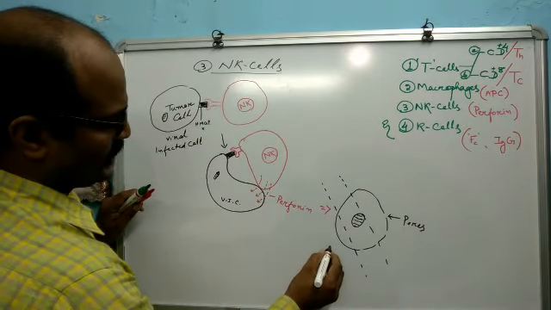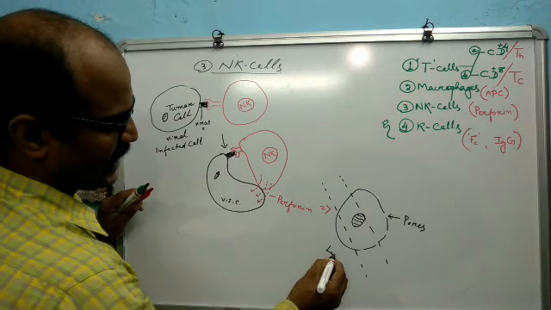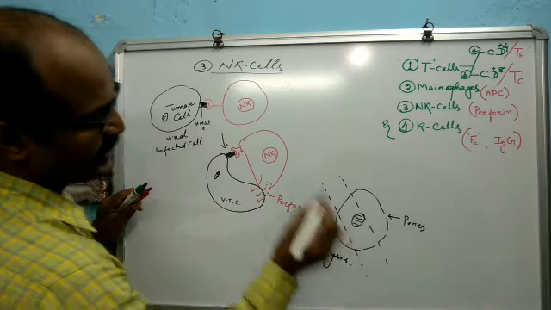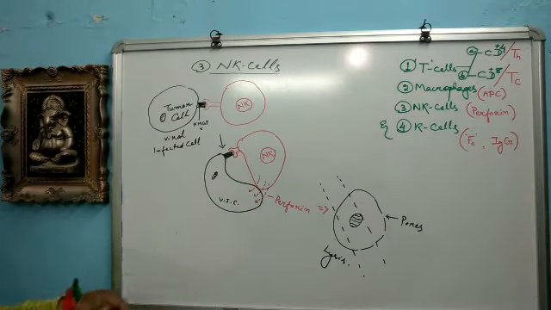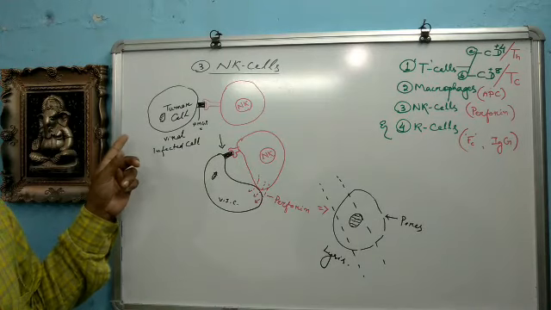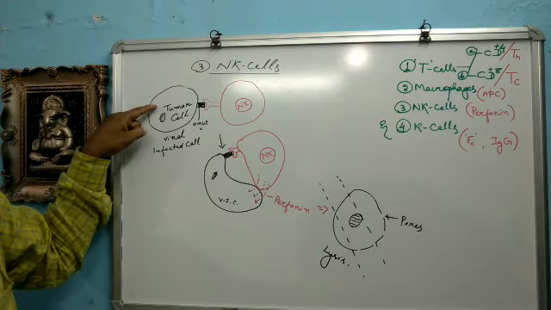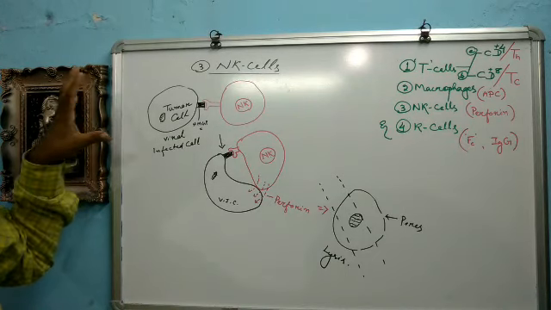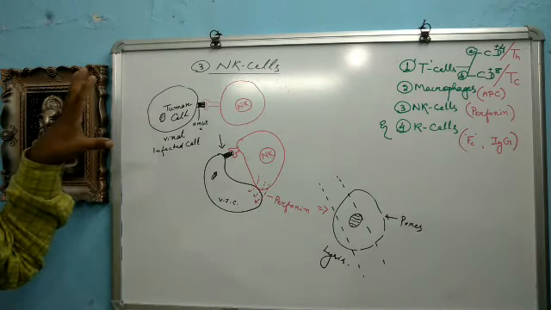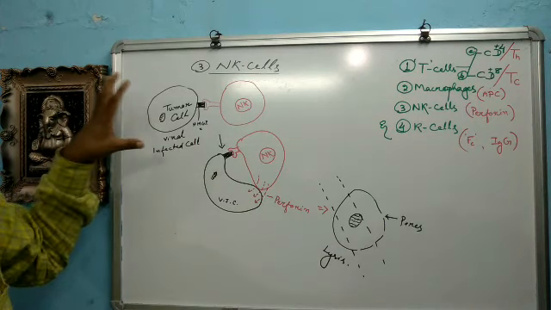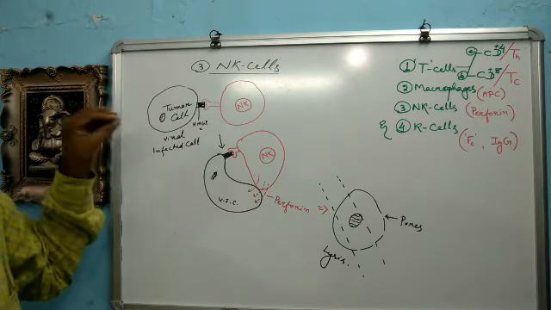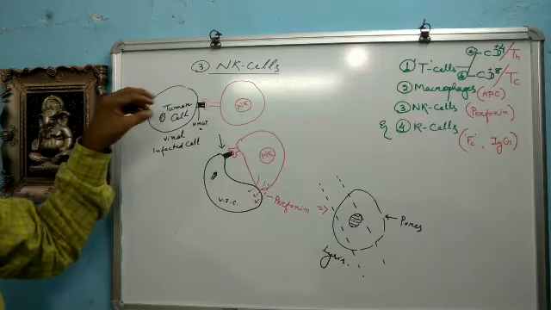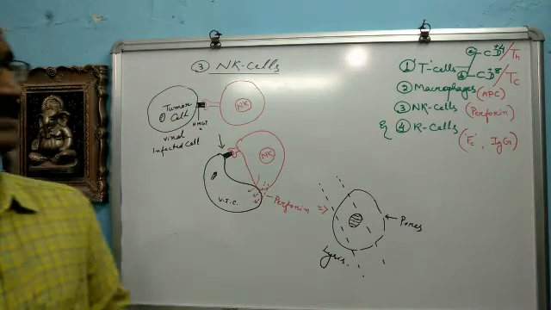That's why the infected cells get lysis, which prevents the growth of virus inside the viral infected cell, or prevents the spreading of tumor cells, because of the NK cells.